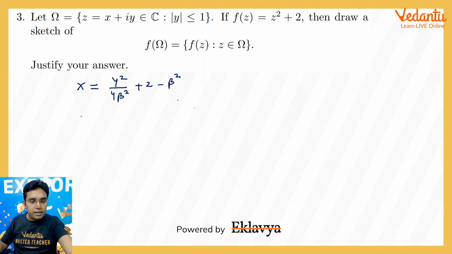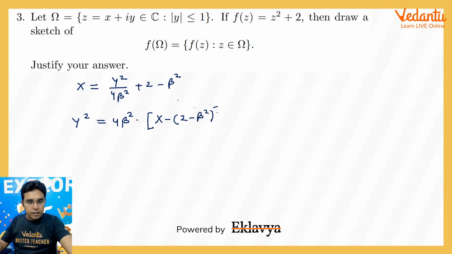Now if I write this as a relation in capital X, capital Y in the standard form of some standard curve, you can say this Y square would be equal to 4 beta square into (capital X minus 2 minus beta square). Now you can recognize this curve easily. This is actually of the form y square equal to 4a(x minus h).